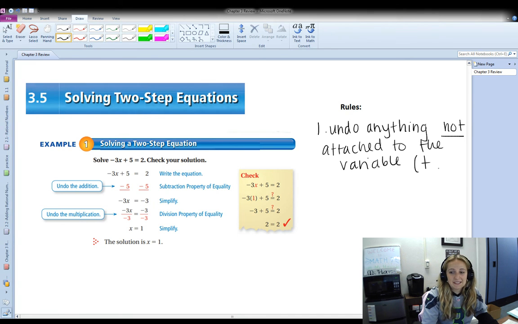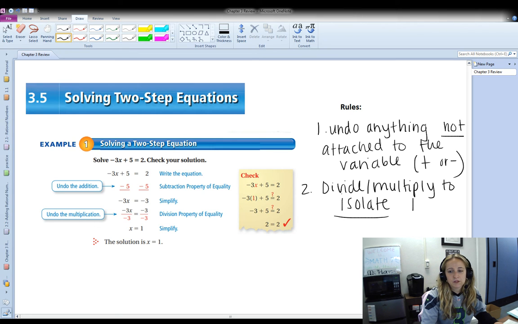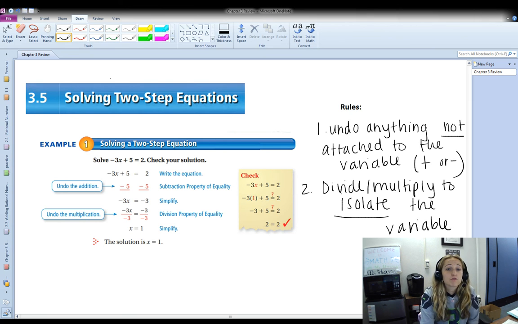That is going to be addition or subtraction, always. The second thing you're going to do is divide or multiply to isolate, which means make that variable by itself, isolate the variable. Okay? So first thing you want to do is always do the stuff that is not attached to the variable.